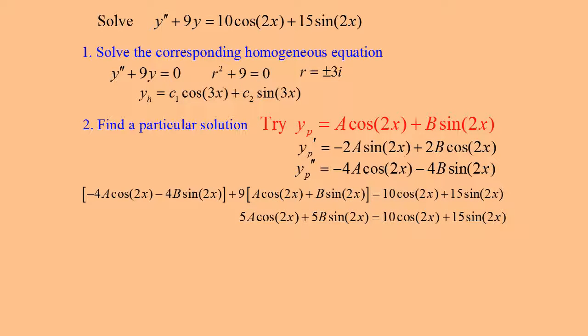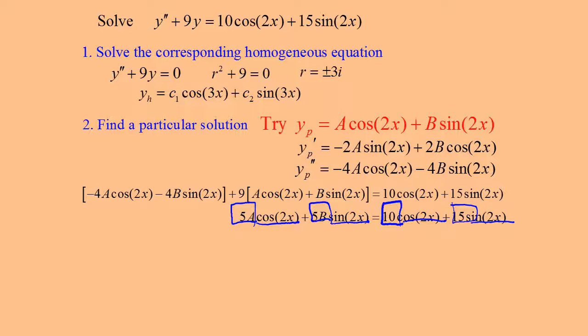and simplify. Well, when we get it down to here, we can recognize from this one that the coefficient of cosine 2x on the left must be equal to the coefficient of cosine 2x on the right. So 5a has got to be equal to 10. Likewise, the coefficient of the sine 2x has got to match.